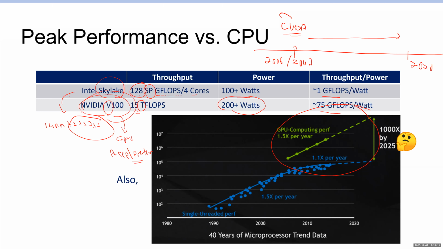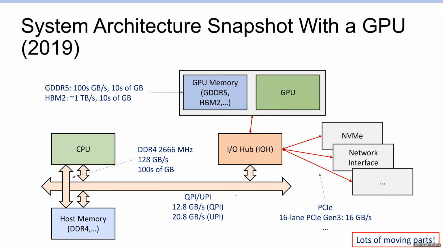You can see the reason why GPU computing can also have bottlenecks is because of the PCIe bus line. This is generally the architecture layout.